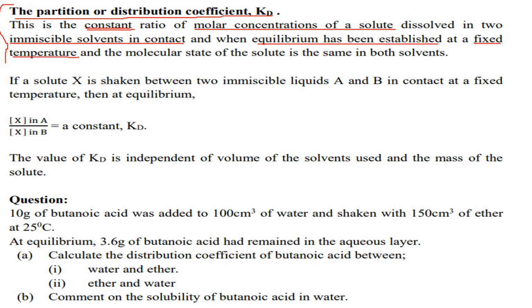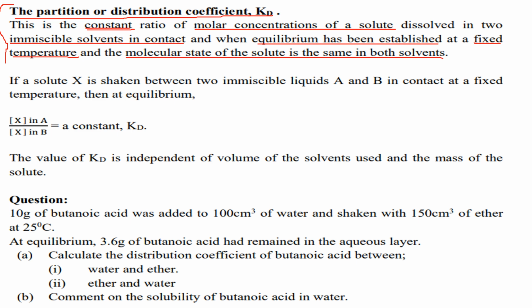At a fixed temperature, the molecular state of the solid must remain the same in both solvents. And they say that molecular state remaining the same is the same as saying that the solid should not undergo dissociation or association.